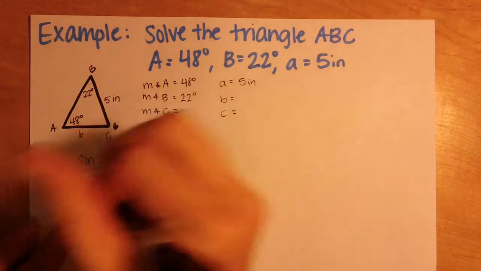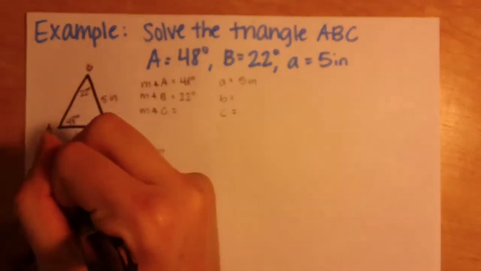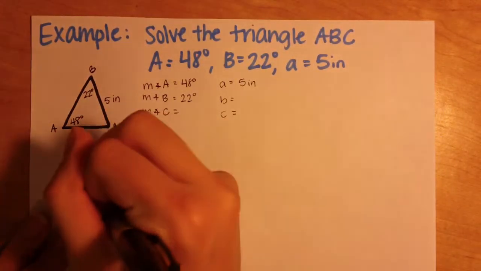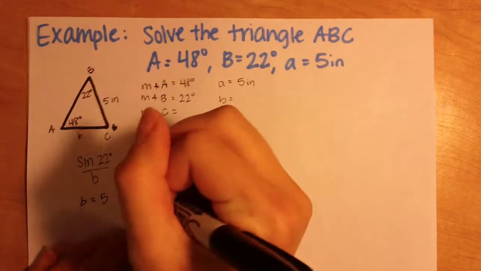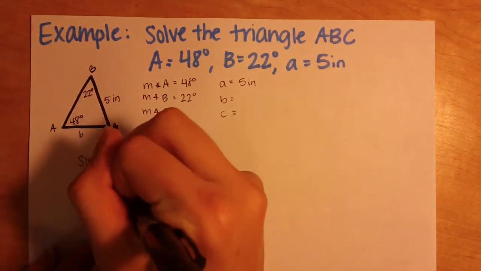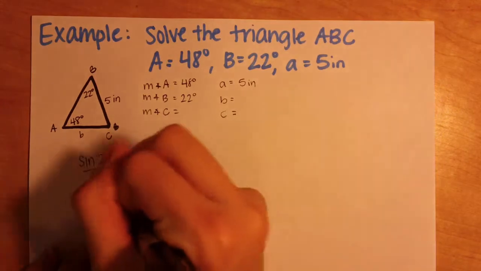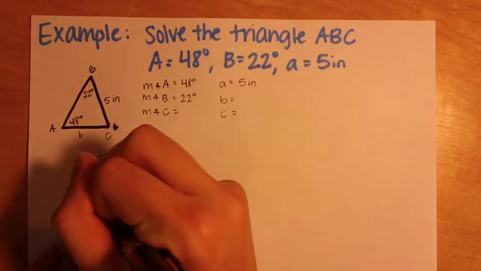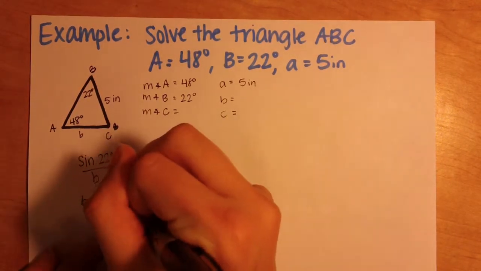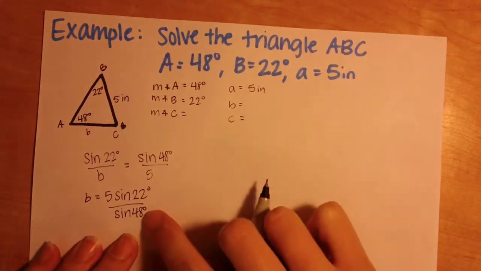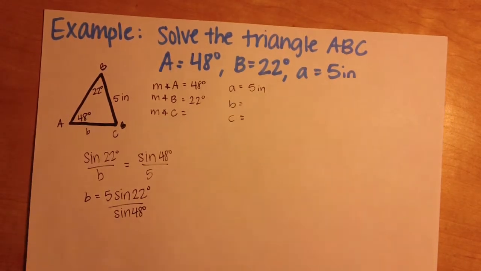We can multiply over, and we have b equals 5 sine of 22 degrees all over sine of 48 degrees. You don't want to forget your degree signs. Always remember these degree signs.